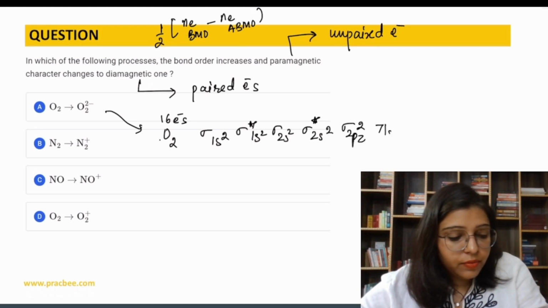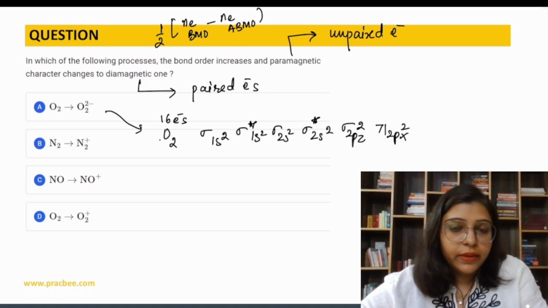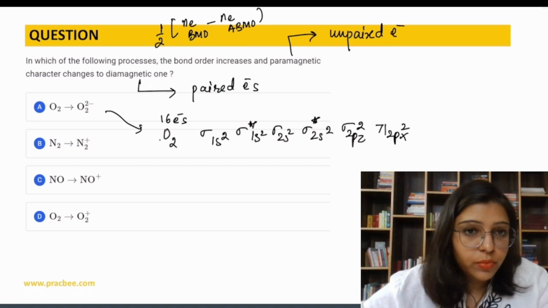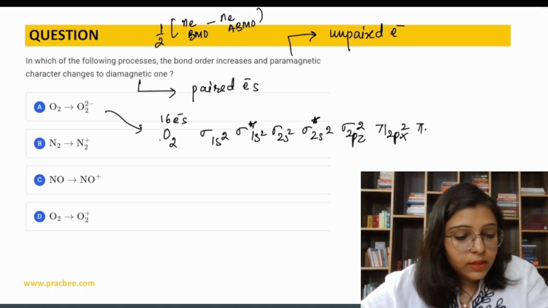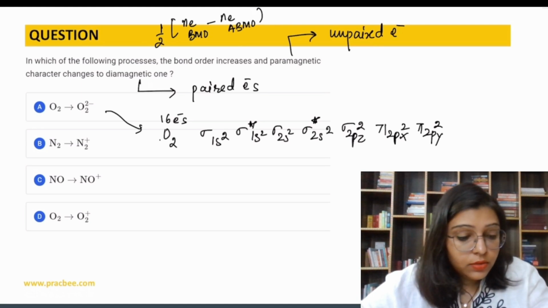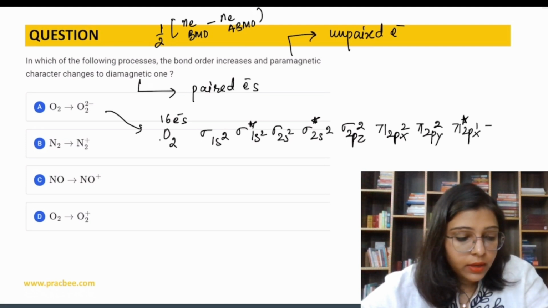Then we have this rule: if the electrons are more than 14, the first electron goes to sigma 2pz and then pi 2px, pi 2py, due to the sp mixing concept. So we have 14 electrons. Now we write pi star 2px1 and pi star 2py1.